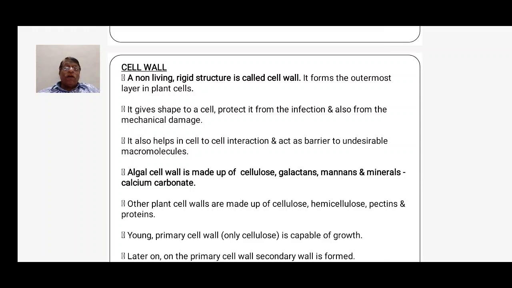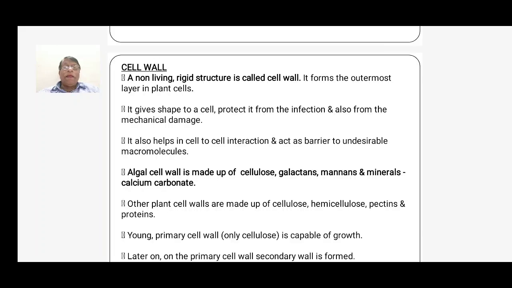This cell wall is actually made up of cellulose. That is, the primary wall is made up of cellulose, in which the basic unit is glucose, a very important point for CET and NEET examination.